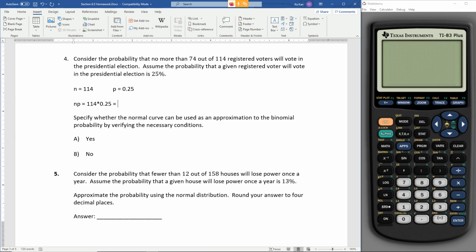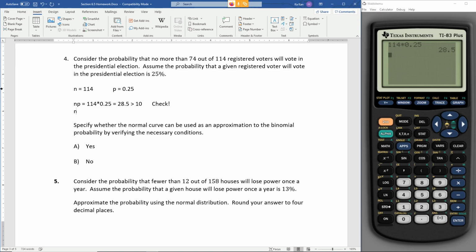Actually, I can't do math right now. 114 times 0.25. 28.5, my bad. 28.5. So that is indeed bigger than 10. So, yes. So this one is check, I guess.